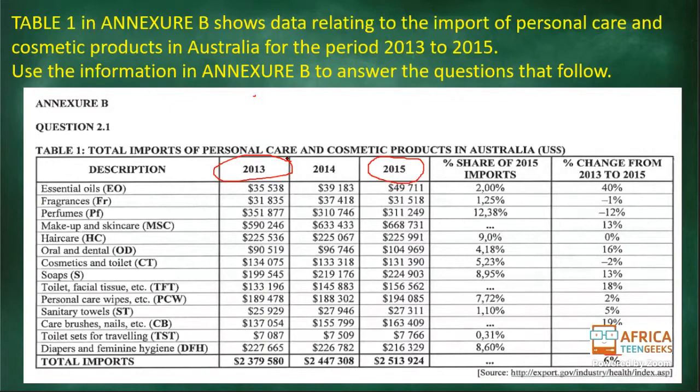So I need you to provide me with the answer for A. I'll wait for you to provide me with an answer right now.